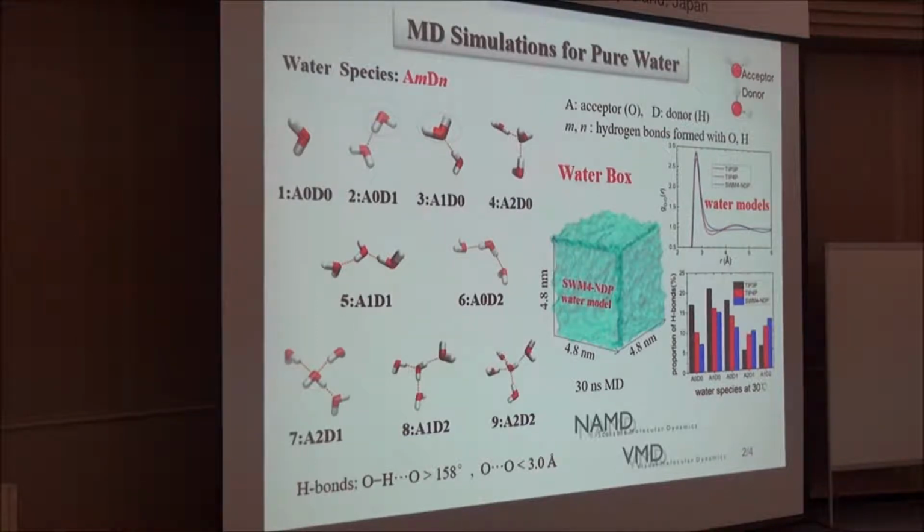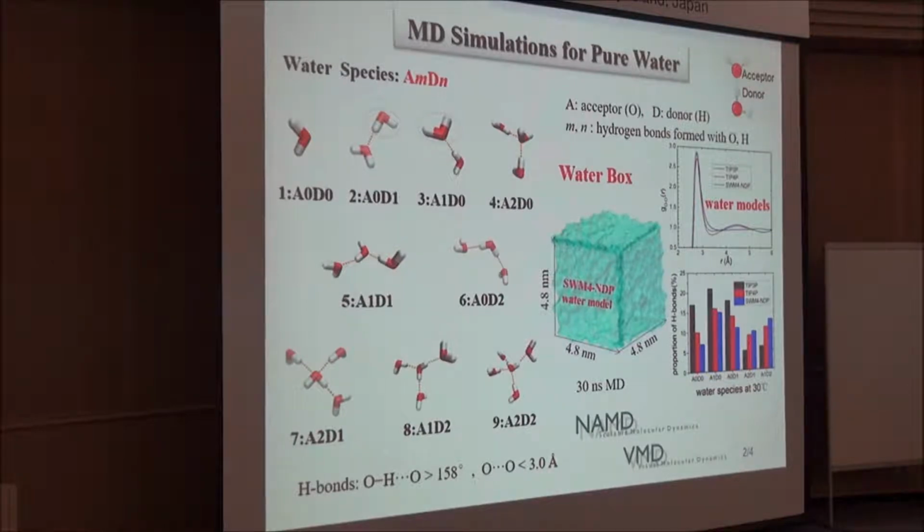We performed MD simulations for pure water. According to the type of its formed hydrogen bonds, 9 water species are identified, which are denoted as AMDN.